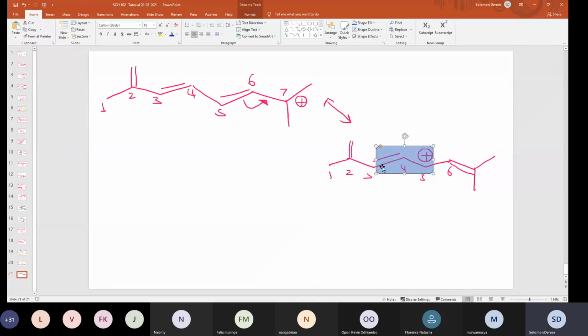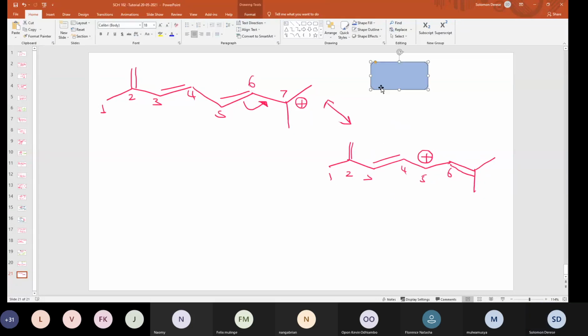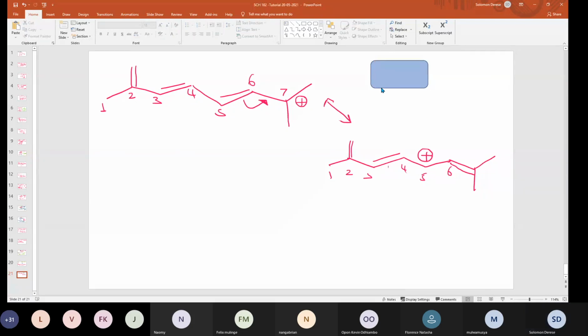We have a double bond, single bond, a positive charge, isn't it? So what do you expect as a result? This one also there will be resonance. This double bond will come here. We'll have another resonant form. So we draw the structure like this.